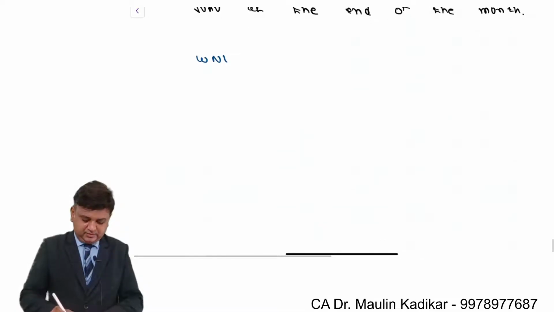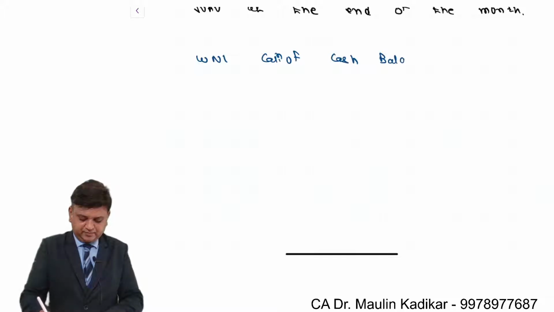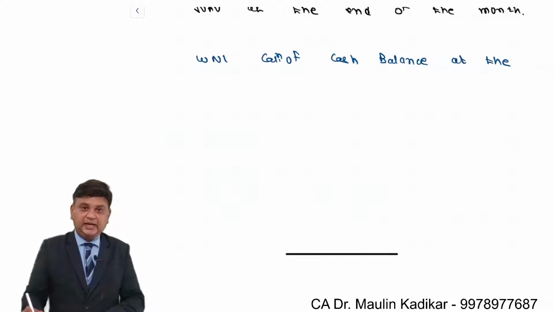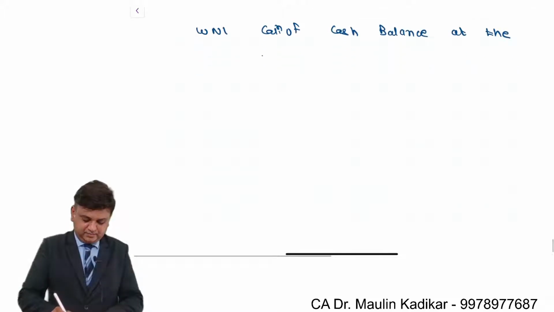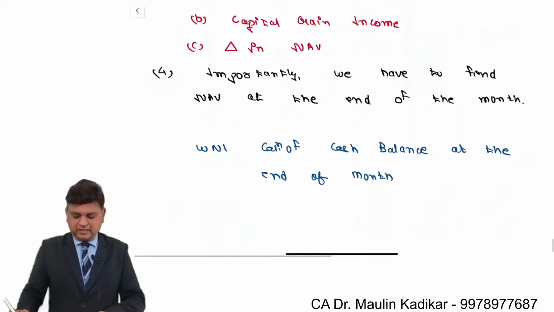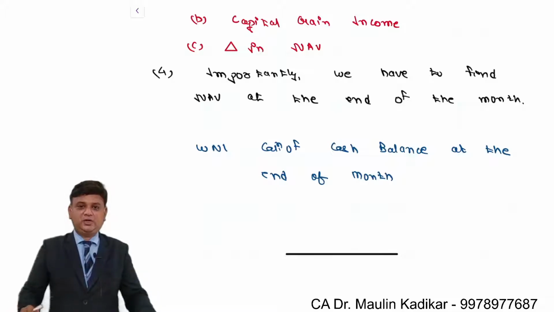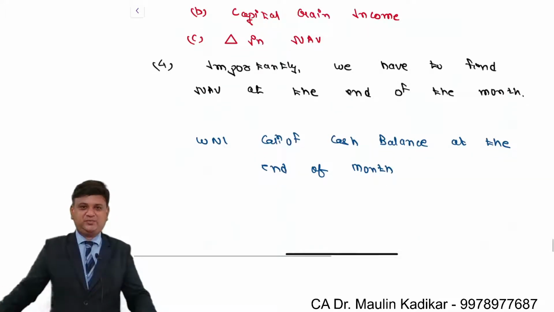Working note number 1, calculation of cash balance at the end of the month. Please calculate this working note on your own and put your answer in the chat box.